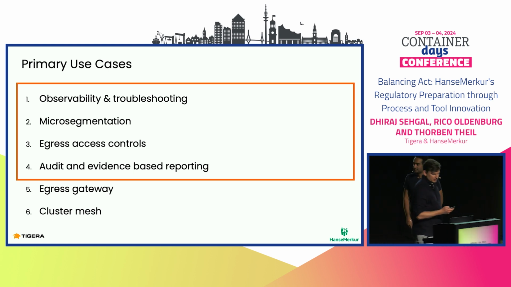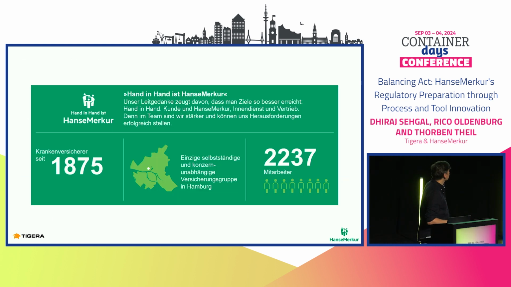Thanks. So I, of course, feel obligated to give you some background information for context about HanseMerkur, which is an insurance company based in Hamburg. I think most of you might have heard of it because of sponsoring and so on. And we are actually facing our 150th anniversary next year, so big party coming up, I think.